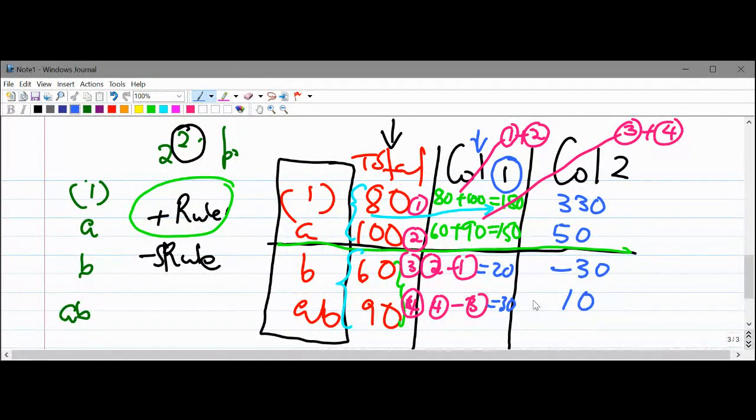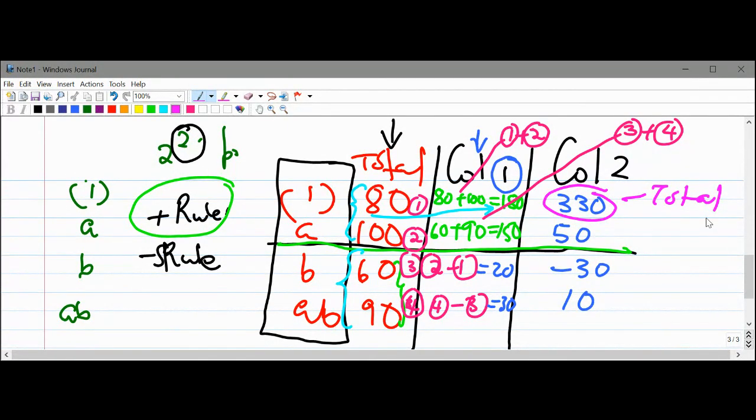Can you please go back to the morning notes? What is your contrast of A? Or what is your total? What was the sum of the values? The sum of the values is 330. So it means the neutral will have the total.